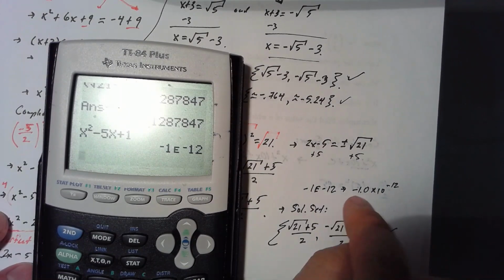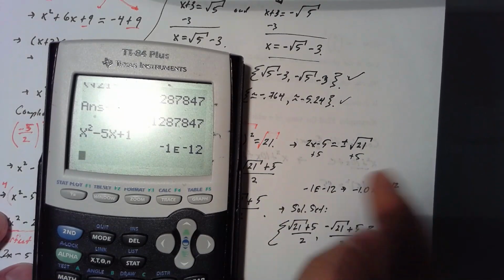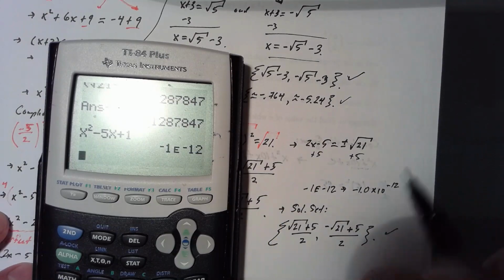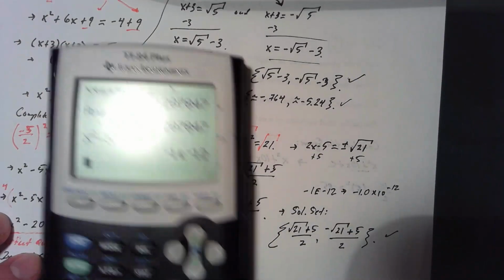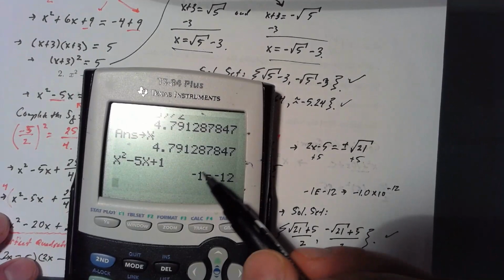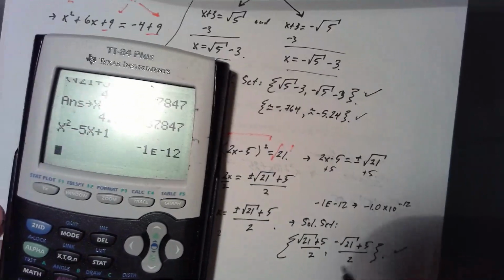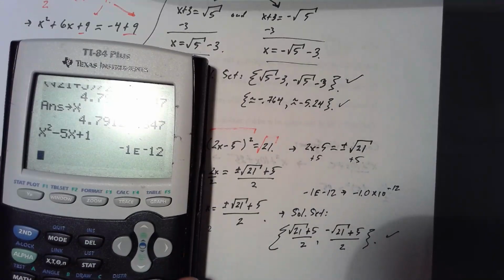So you have a negative 0.000000 blah blah blah 1, which is very, very close to the actual number 0. So even though you didn't get 0 here, it's close enough to say that it works. And you could check this solution and it should work as well.